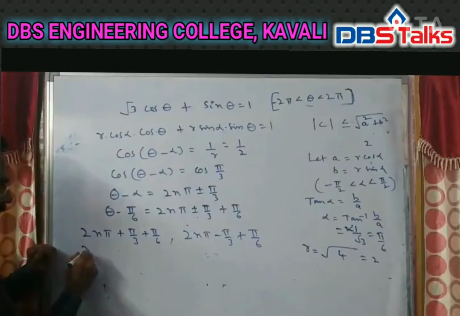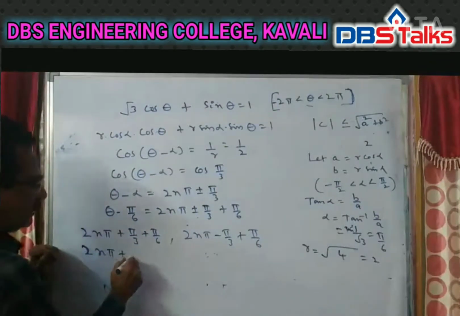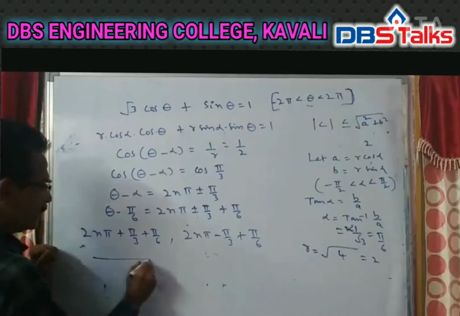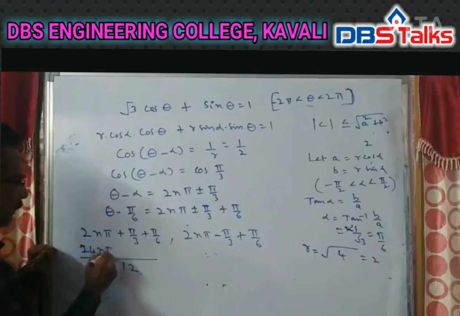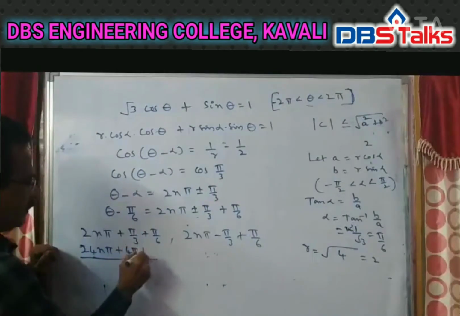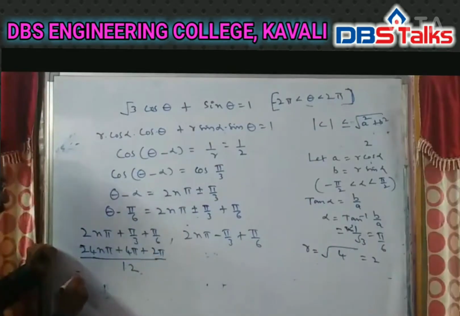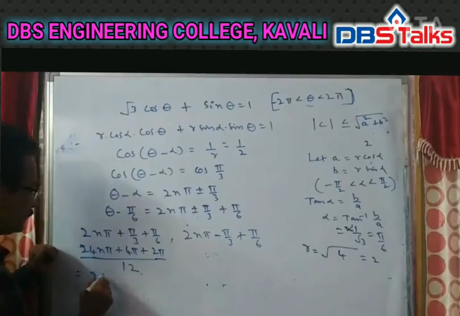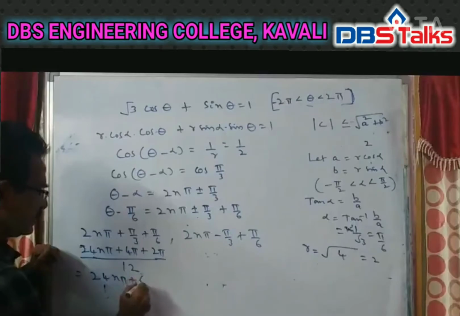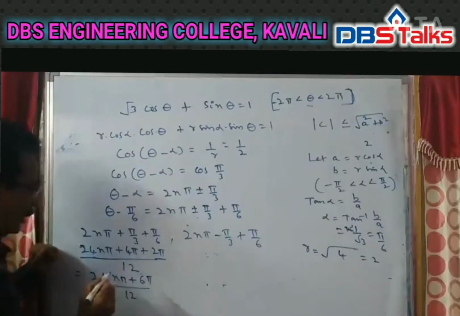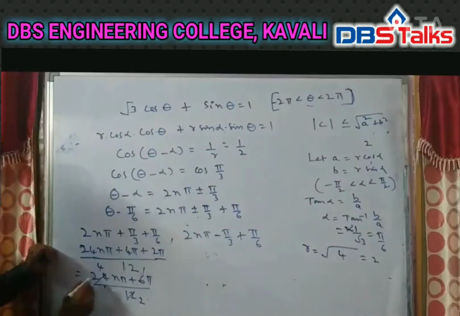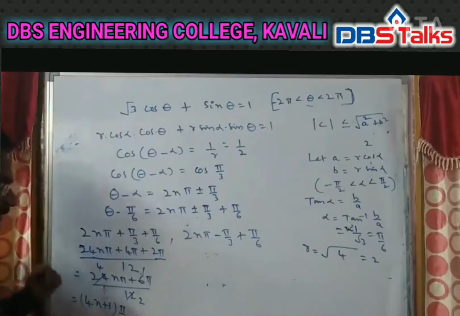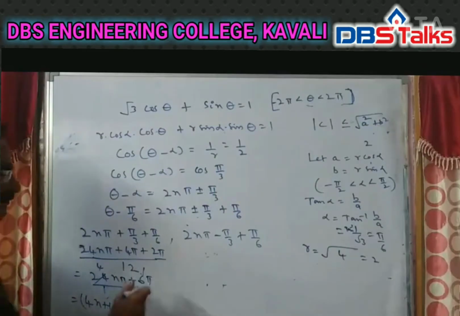Now let us simplify. 2n pi plus, LCM is 12, 4 pi plus 2 pi, that is equal to 2n pi plus 6 pi by 12, which is equal to 4n plus 1 into pi by 2. This is the first solution, friends.